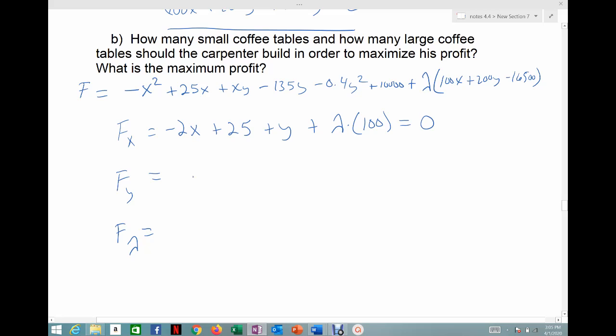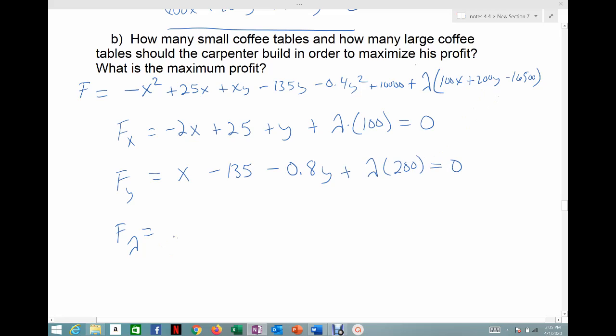Alright, now the derivative with respect to y, zeros out, that's x, right? Derivative of xy with respect to y is x minus 135 minus 0.8y, zeros away, lambda times the variable with respect to y is 200, set equal to 0.